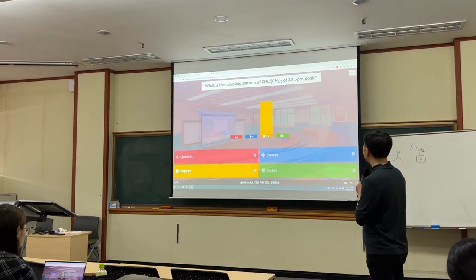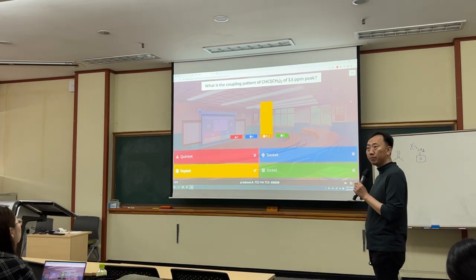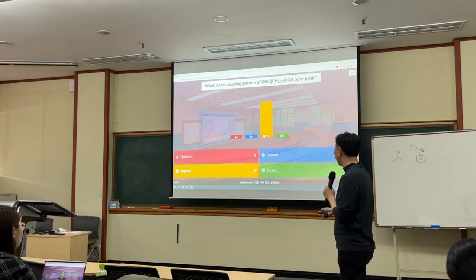Okay, so in that case, this one is coupling with this 6 there, that's why you will get the 7 peak, 7. Okay? This is 6, 5, 8.